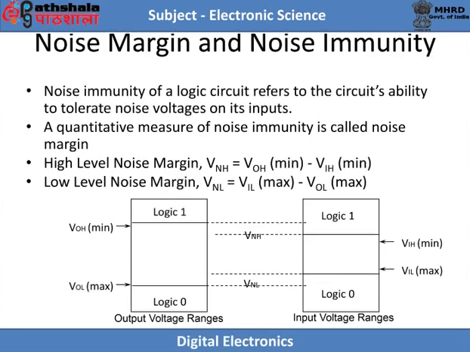Similarly, VOH min is greater than VIH min, and the high output state can tolerate a negative voltage spike equal to VOH min minus VIH min and still be a legal high input. Here, VIL max minus VOL max and VOH min minus VIH min are respectively known as low level and high level noise margins.